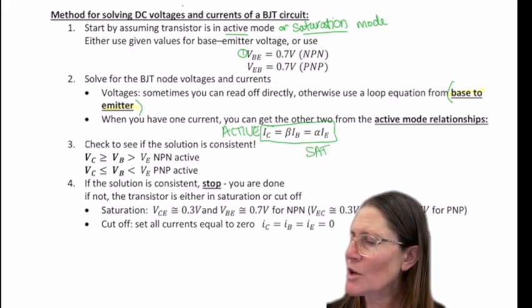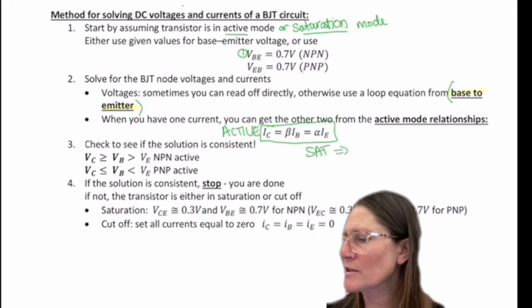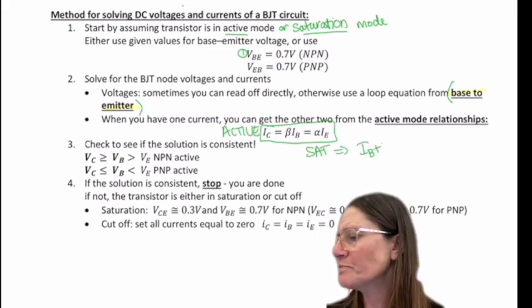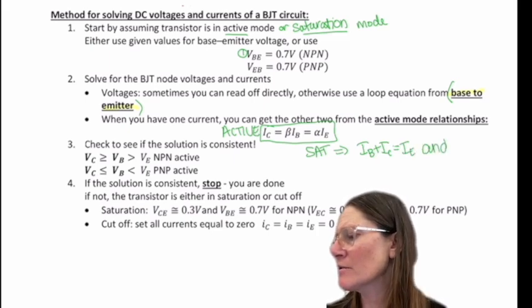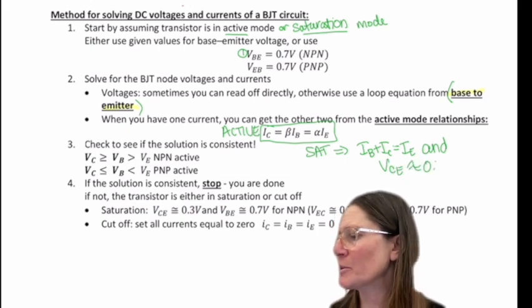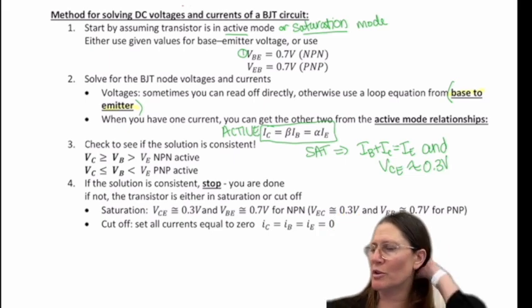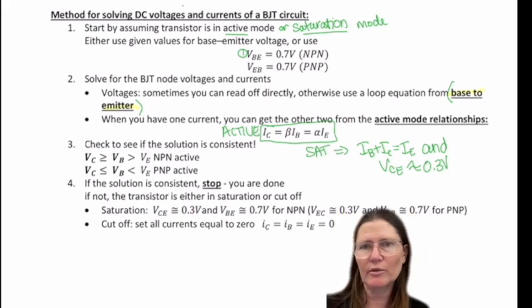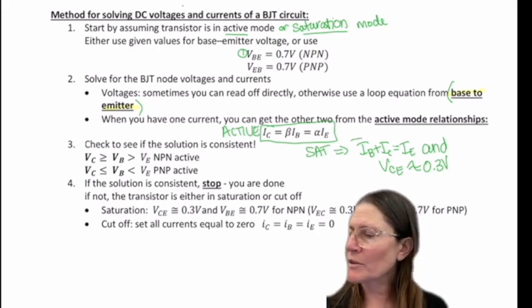If you're in saturation, you're going to use instead that IB plus IC equals IE, and VCE is approximately 0.3 or 0.2, which are usually the most common ones to use. So using these two instead.